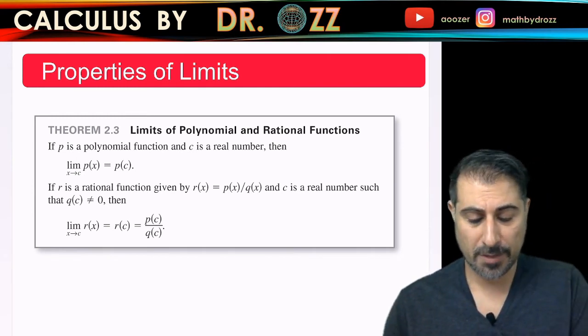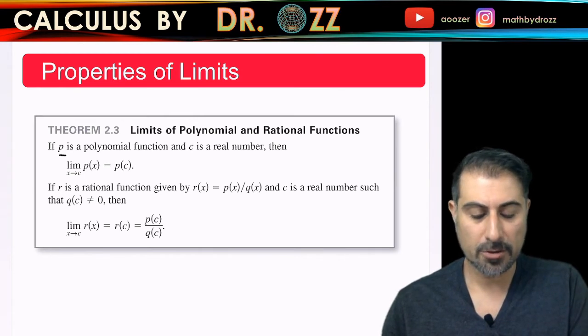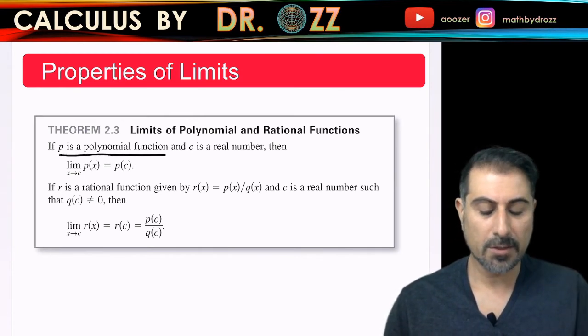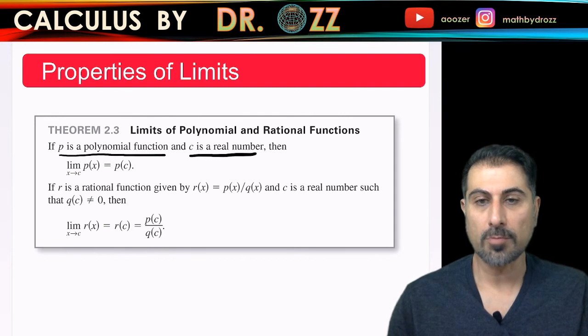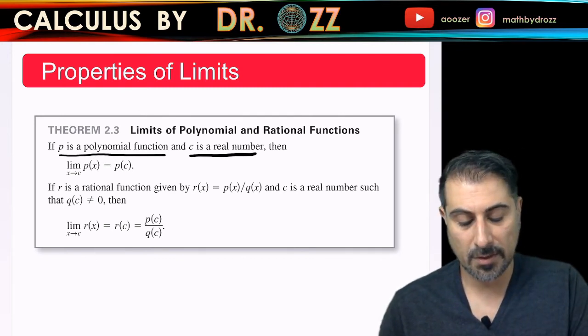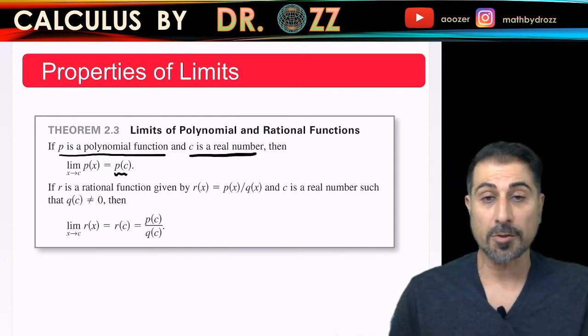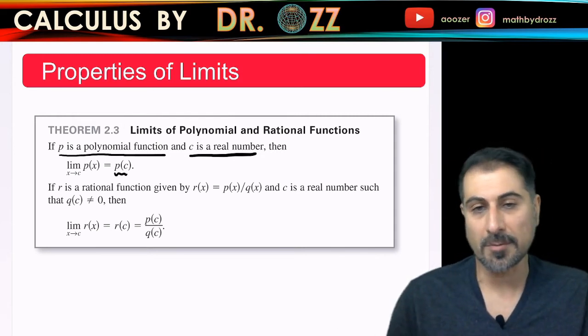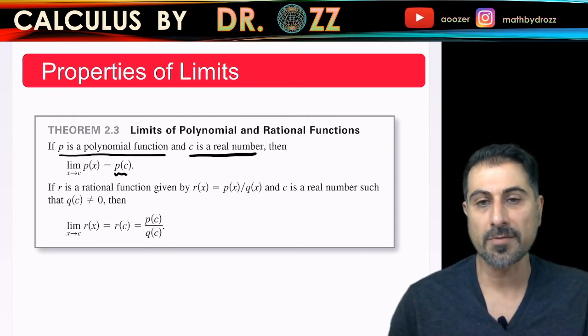Let's say you have a polynomial function, and c is a real number. The limit of a polynomial at the limit point c is just c being substituted into the polynomial, so it's a direct substitution, equal to p of c.